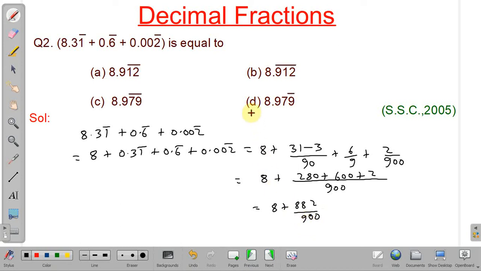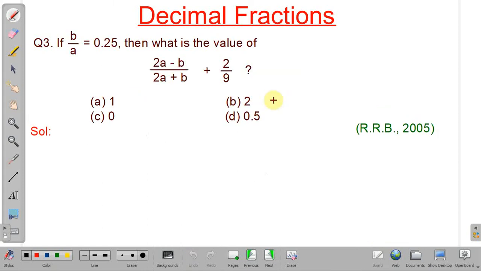So if we see the option, we will get option B as the answer, but we will try to convert into that. So it can be written as 979 minus 97 divided by 900. Okay, so it can be written as 8 is your integer part, 8.979, out of that 9 is repeating. So option number D will be the answer.